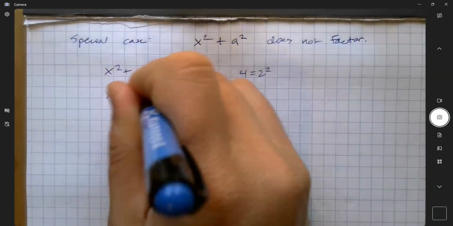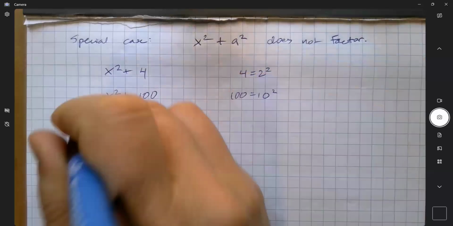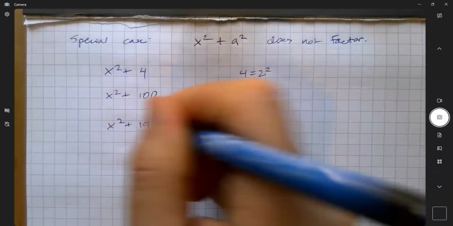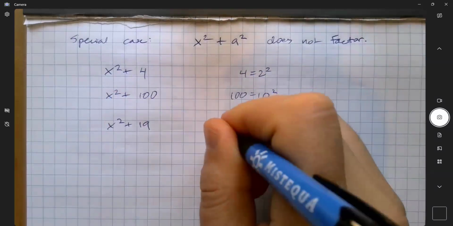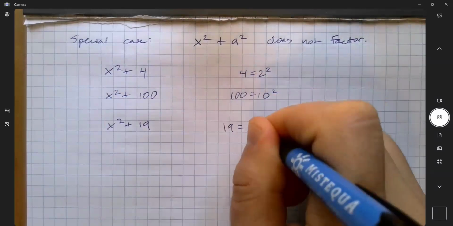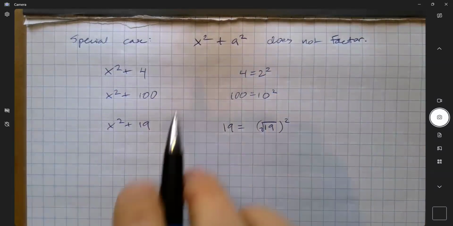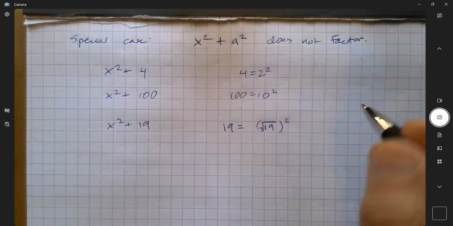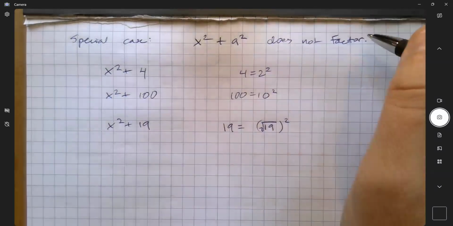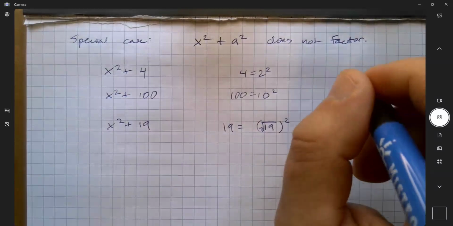X squared plus 100 doesn't factor. 100 is 10 squared. Even something like x squared plus 19, that doesn't factor, because 19 is a number squared. It's the square root of 19 squared, but it still doesn't factor. X squared plus a squared does not factor for any a other than 0, but that's kind of a sneaky example.